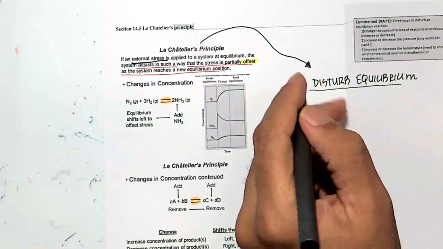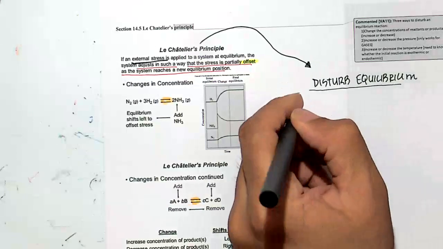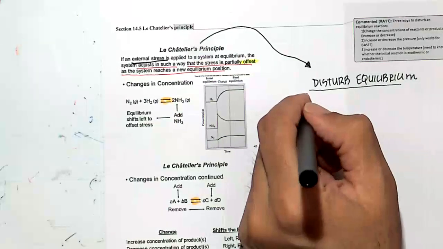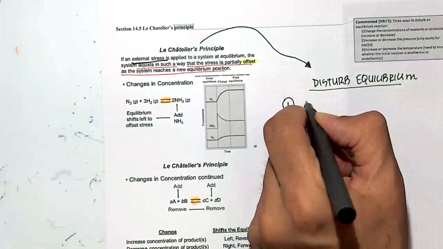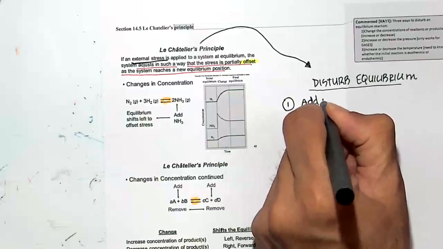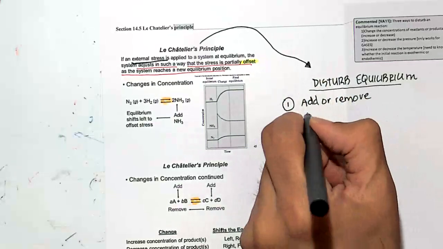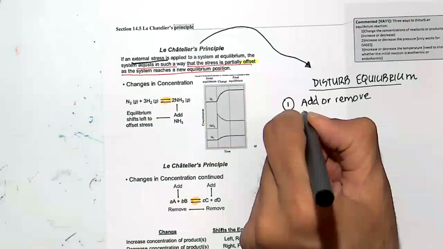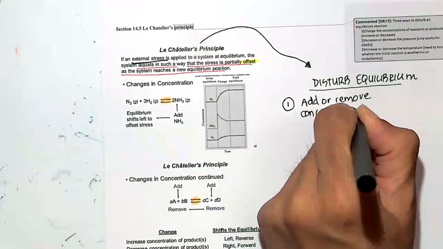So how do we disturb an equilibrium? There are three ways. One, you change the concentration of products or reactants. So you add or remove products or reactants.